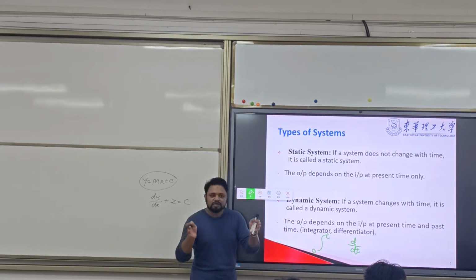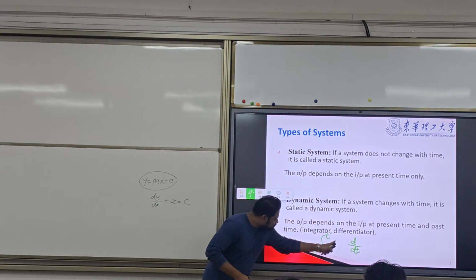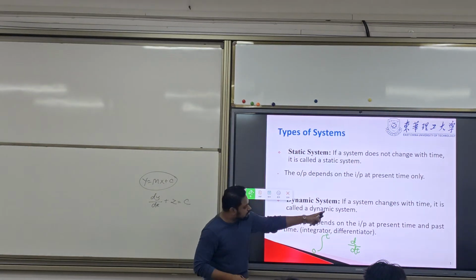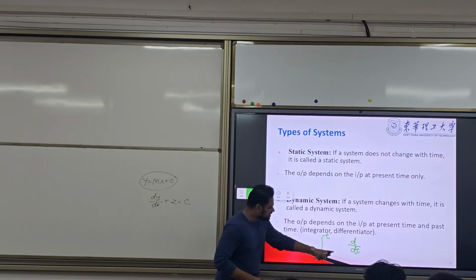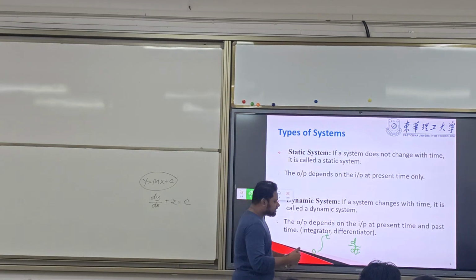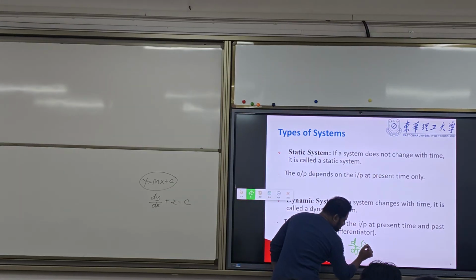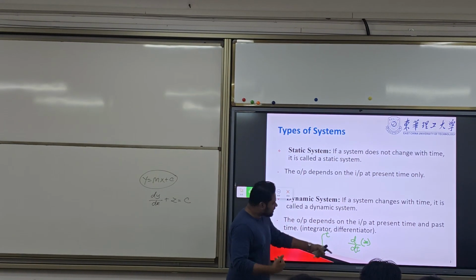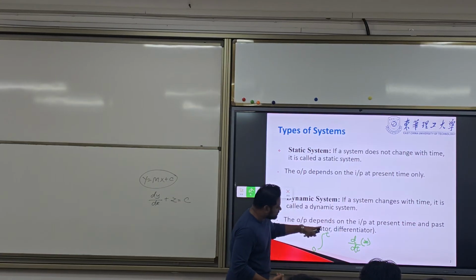Whatever the limits are, this function depends on these values, that means present and past. This one changes over time. It is called the rate of change, the rate of change of anything like x. So here also it is a dynamic system.